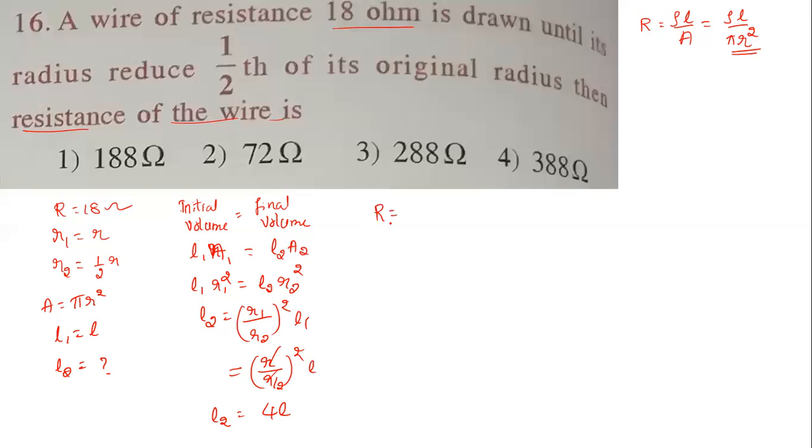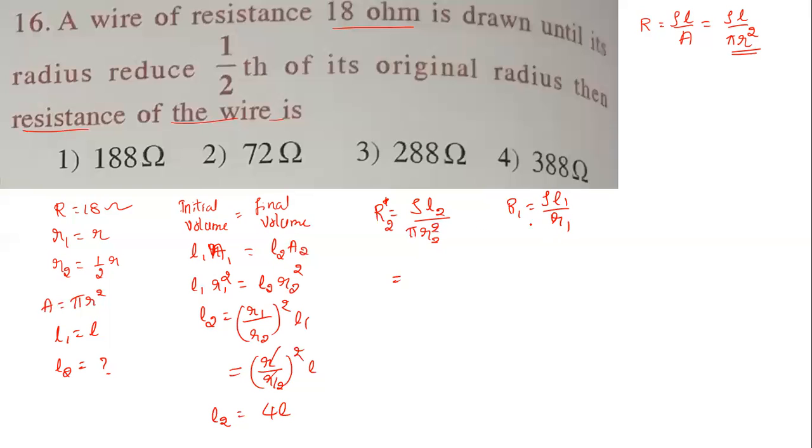Now I'm going to find the new resistance R dash, which equals rho L2 divided by pi R2 square. Rho remains constant, it's not going to change. The initial resistance is already given as 18 ohm, that is R equals rho L1 by pi R1 square.